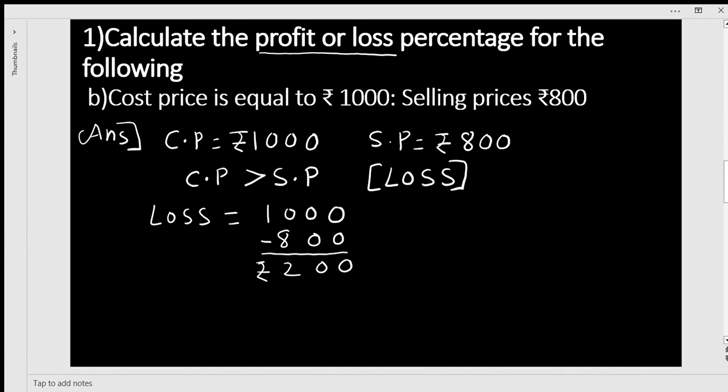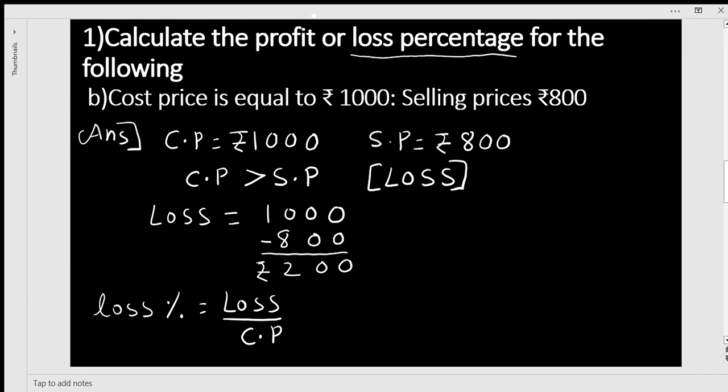Loss of rupees 200. So we came to know this is an example of loss. So we will find loss percentage. Fine. So recollect loss percentage formula. Loss percentage is loss upon CP into 100.